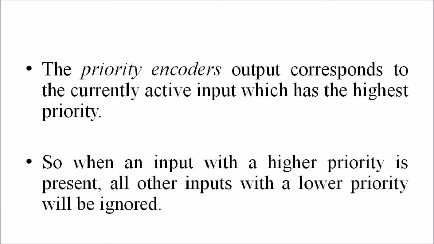So a priority encoder solves the problem mentioned by allocating a priority level to each input. The priority encoder output corresponds to the currently active input which has the highest priority. So when an input with a higher priority is present, all other inputs with a lower priority will be ignored.